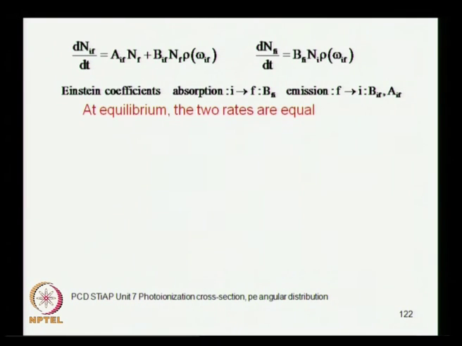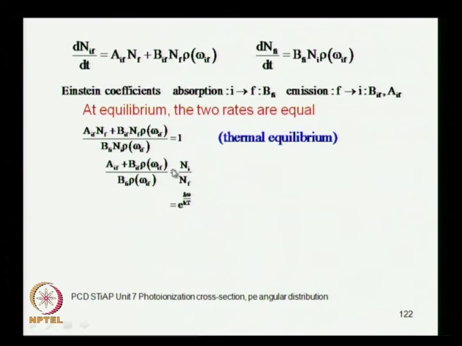So you set them equal to each other, and you find that this ratio is given by the ratio of the populations, which is given by an exponential factor depending on the absolute temperature of the system. This gives you an expression for the ratio of the two populations, and you can rearrange this equation and get the expression for the energy density at this frequency.